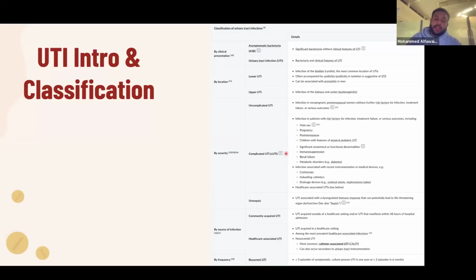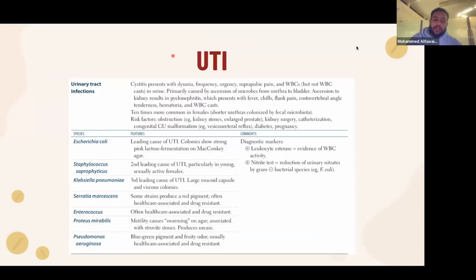Perfect. Now we go to the organisms. The most common cause is E. coli. Okay, E. coli is what type of organism? For second half of third year, this would be easy. Gram-negative, cocci or bacilli? Bacilli, good. Now, is it indole positive or negative?